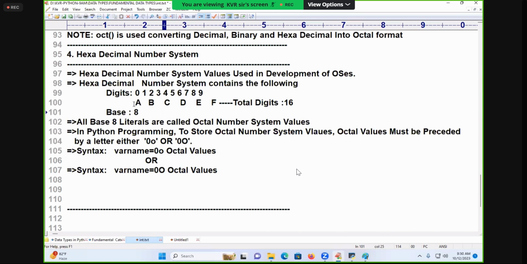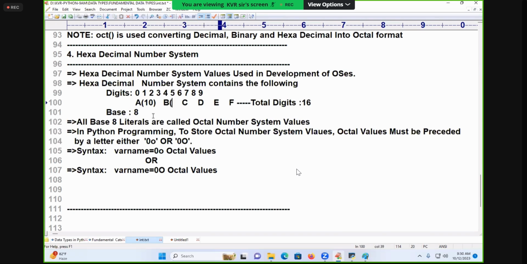What is the internal value of A in hexadecimal? See, students, in English, when you come to Unicode in Python, A is 65. That is normal English with a Python representation. In hexadecimal, what is the value of A? 10. The internal value of A in hexa is 10.